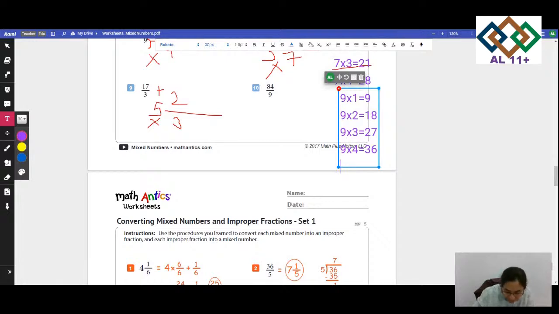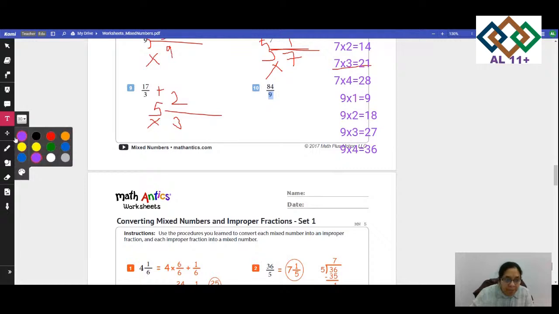If you keep going, the closest would be 9 multiplied by 9, which is 81. So the closest for this one would be your 9 multiplied by 9.